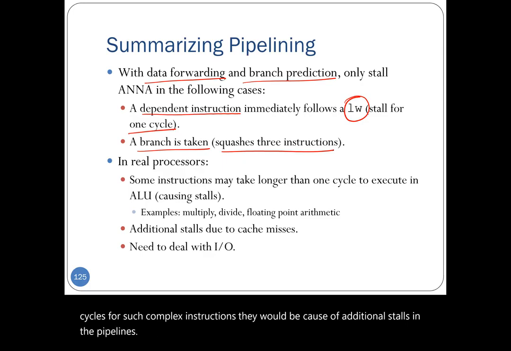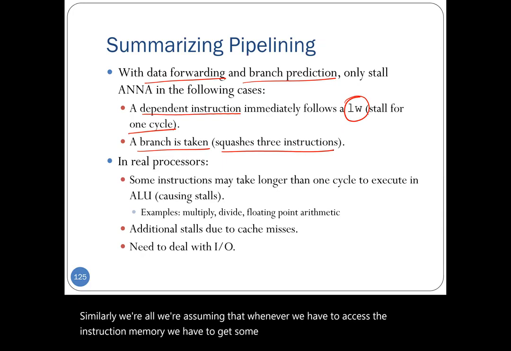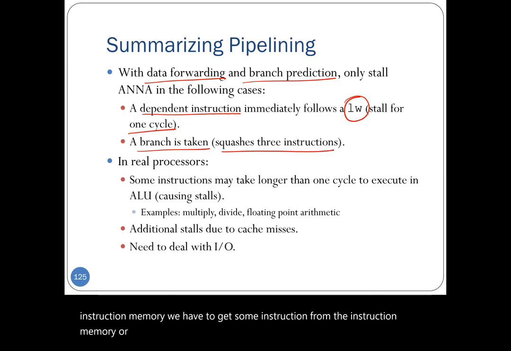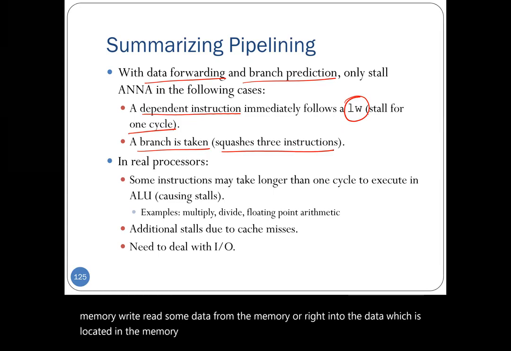Similarly, we are assuming that whenever we have to access the instruction memory, we have to get some instruction from the instruction memory, or let's say we have to do a load word, store word, and access the data memory, right? Read some data from the memory or write into the data which is located in the memory. We are assuming all of this is happening always in 1 cycle. Now, this is a reasonable assumption if our data is in L1 cache.